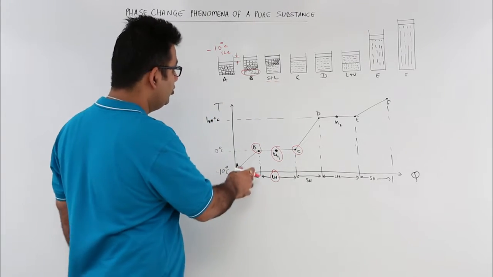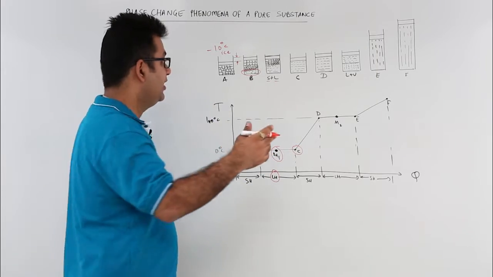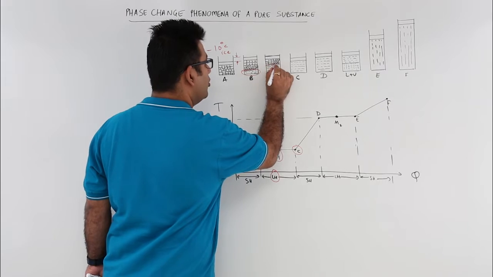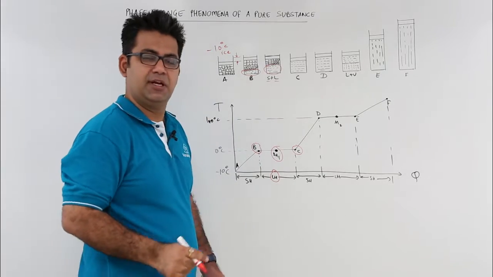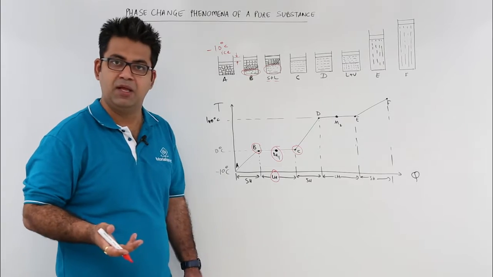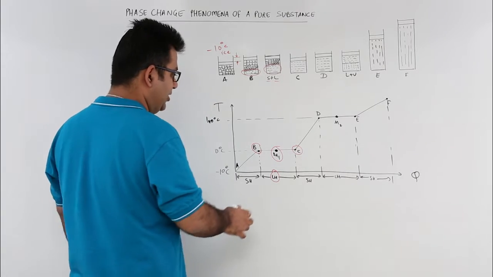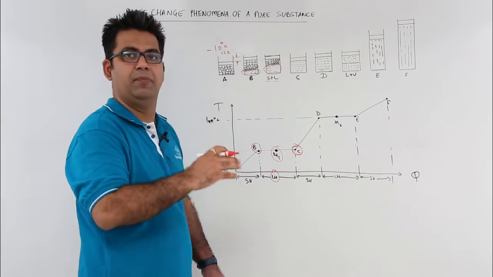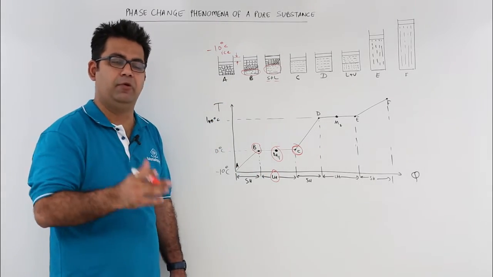Okay, so when you keep on adding heat beyond point B, you have more liquid creation and the amount of solid would keep on decreasing. Right, now at point C, the entire ice would melt and you only will have liquid water.